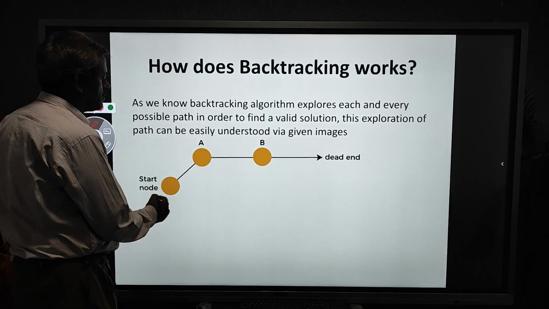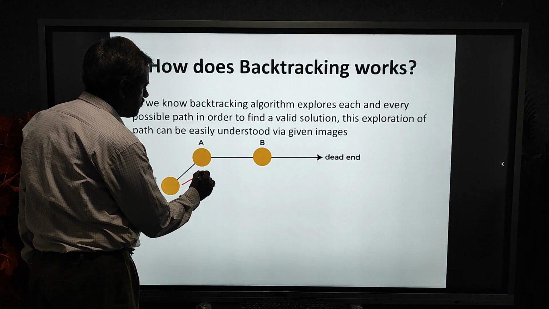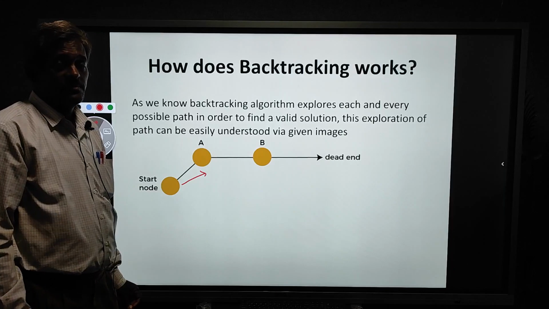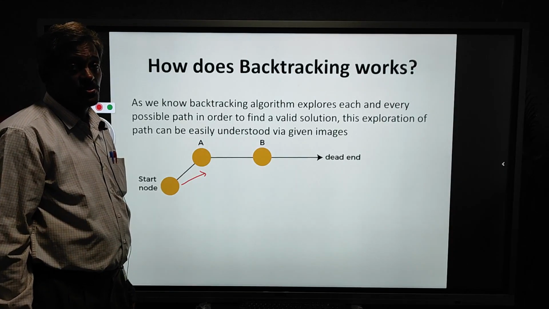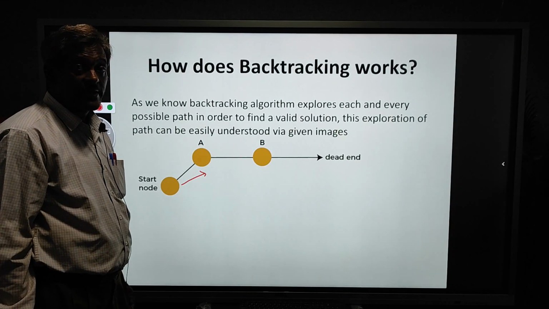The starting node, from this we will move to A. That means I am thinking that is a possible solution, but I didn't get it.